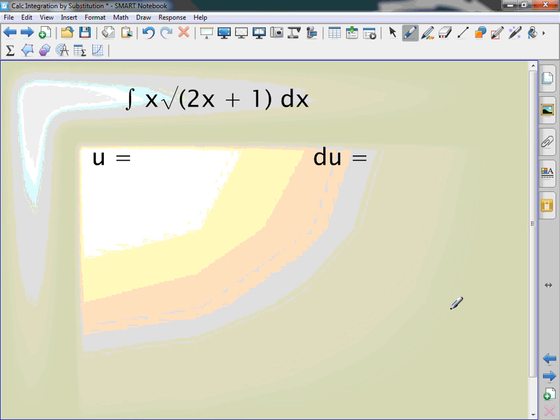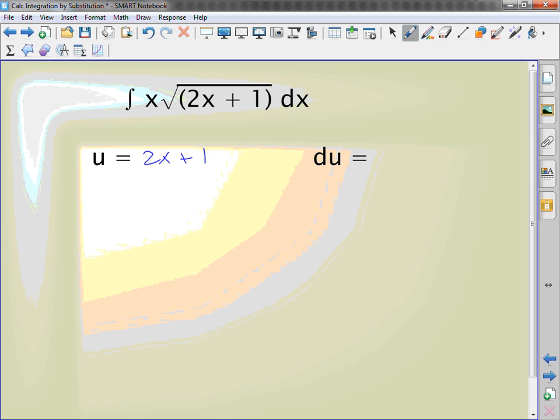Look at this one. I have the integral of x times the square root of 2x plus 1. I want to see if you can find out what u is and if you can figure out du. What do you think u is going to be? 2x plus 1.